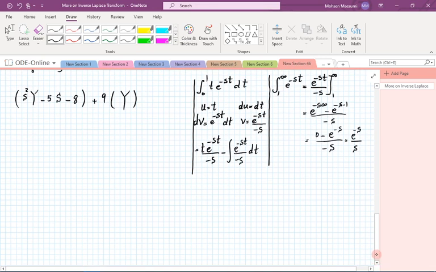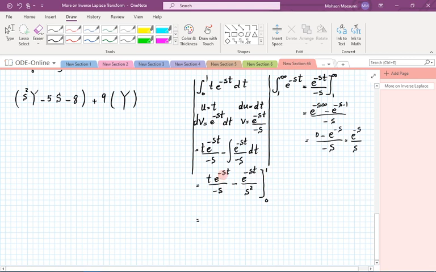One more round of simplification, it becomes t exponential of minus st over minus s. The two minuses become plus, and then I have to integrate this thing again. It gives me another minus, divide by s again, so it becomes s squared. And now I have to do all of this from 0 to 1, because my first integral was from 0 to 1.